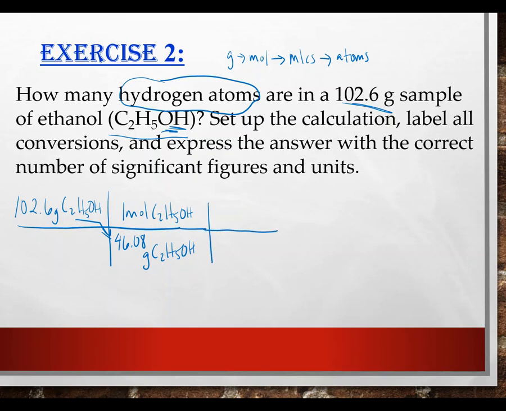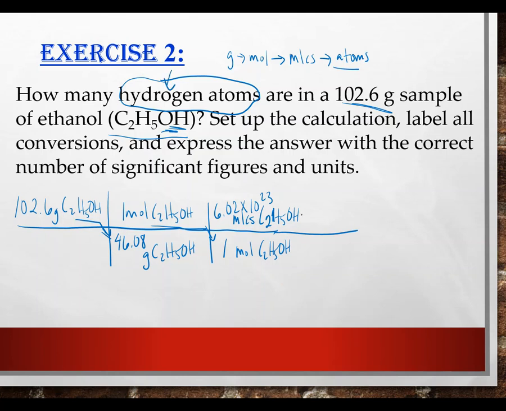Now that we're here, we're going to take our moles and diagonal them down. So moles of ethanol is going to give you molecules of ethanol. So 1 mole, of course, equals Avogadro's number, 6.02 times 10 to the 23rd molecules of ethanol. And we're not done yet, though, because we don't want molecules of ethanol.